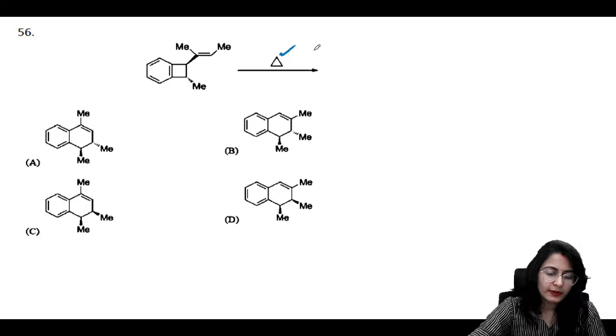Let's check. D or B or C, whatever it is. What is this reaction?